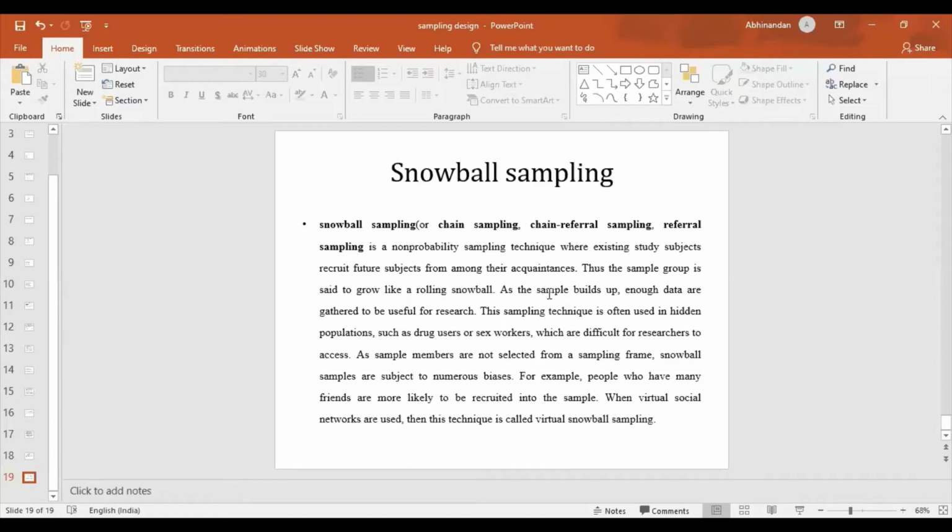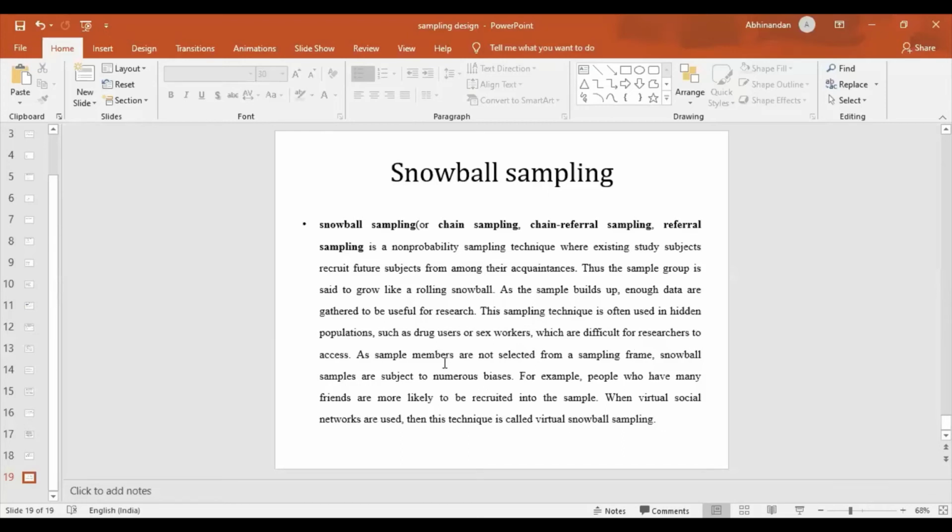The first thing is we select some drug addicts by any way, and after that we collect the opinion from them, and we collect the information of the other drug addicts. So likewise it goes like a snowball. As and when the level goes, the size of the sample increases. The technique is often used with hidden populations, such as drug workers or sex workers, who are difficult for researchers to access.